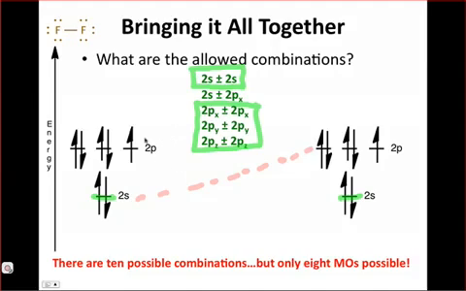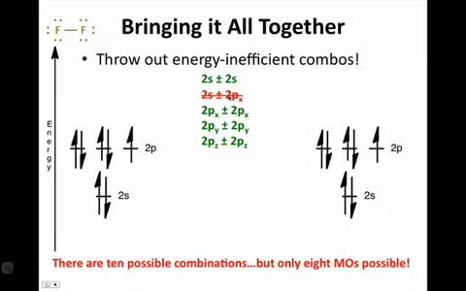We do still see combinations of orbitals that are different in energy, don't let this mislead you, but in the case when we need to throw out an interaction, we can look for interactions between orbitals of different energy and instantly throw those out. And that's where we get the motivation to throw out the 2s plus or minus 2px combinations, because they're energy inefficient.